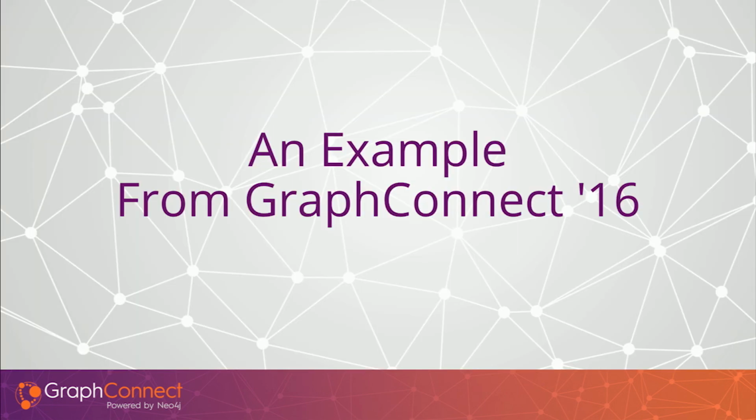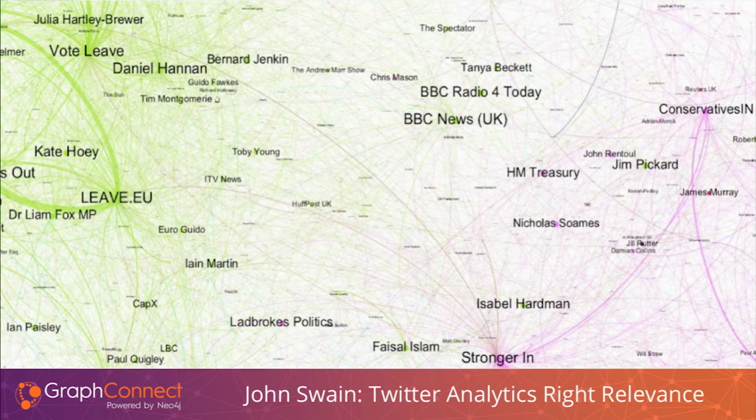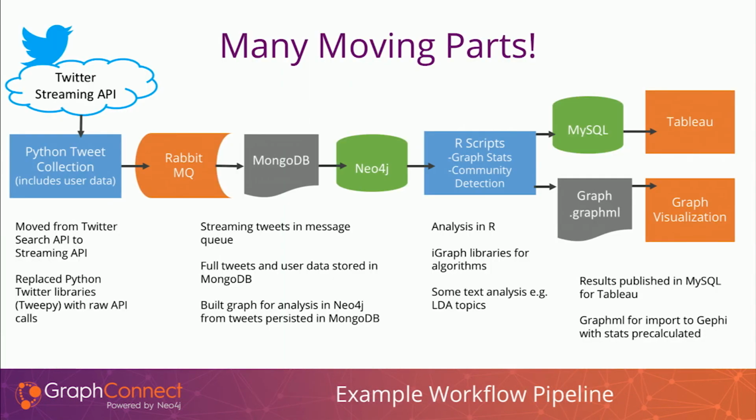Basically, we have an example from last year's GraphConnect. John Swain presented network influence analytics on Twitter data, both for Brexit, but also for the US elections, which both turned out not to be that great, as you all know. But what it is, toolchain and workflow look like. So he had a really complex toolchain.